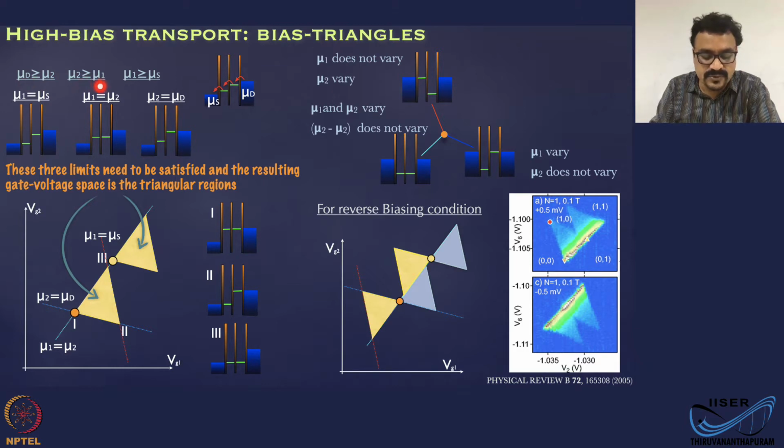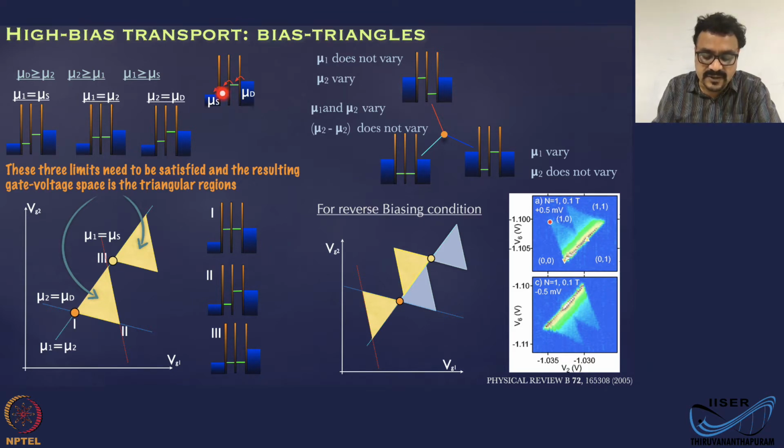Mu2 is the electrochemical potential of dot 2 and mu1 is that of dot 1. So mu1 should be less than or equal to mu2. Then only the electron in the second dot can tunnel to the first dot.